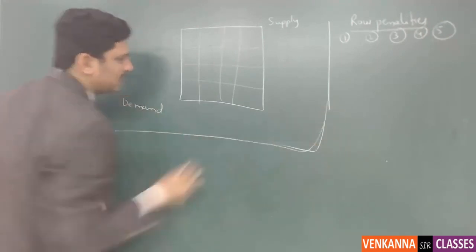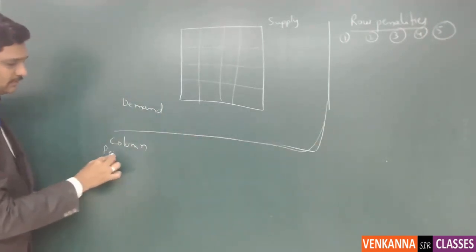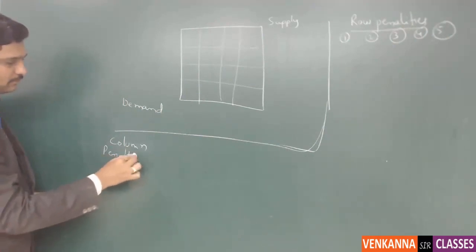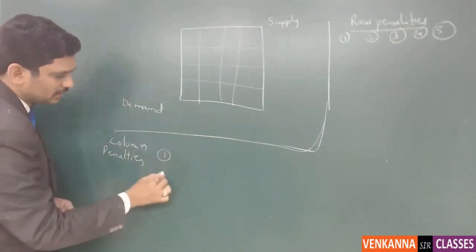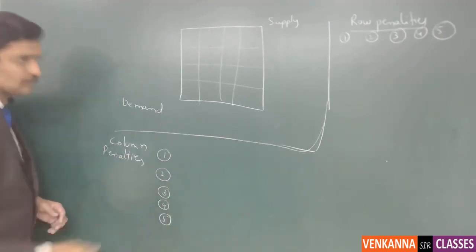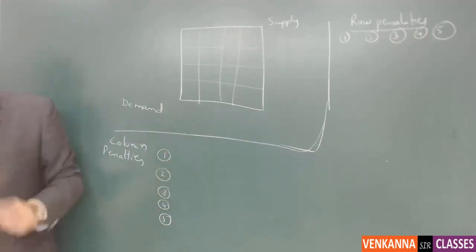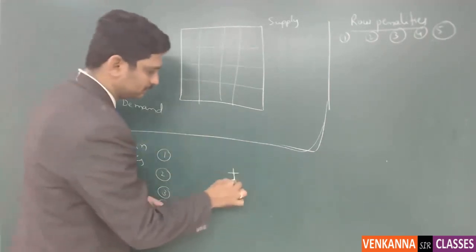After giving a gap here, we mention the column penalties. So iteration 1, iteration 2, iteration 3, 4 and 5. So that the penalty which we are choosing, we put with a star mark.